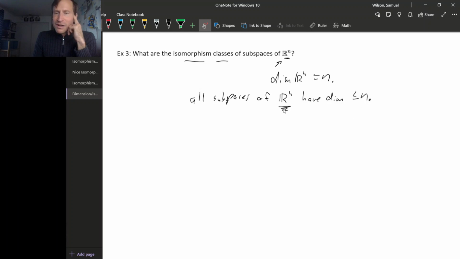Well, remember, in Rn there's a nice basis. We call it the standard basis, e1, e2, down to en. e1 is the vector that has a 1 in the first position and zeros elsewhere. e2 has a 1 in the second position and zeros elsewhere, all the way down to en, which has zeros everywhere except a 1 in the last position.